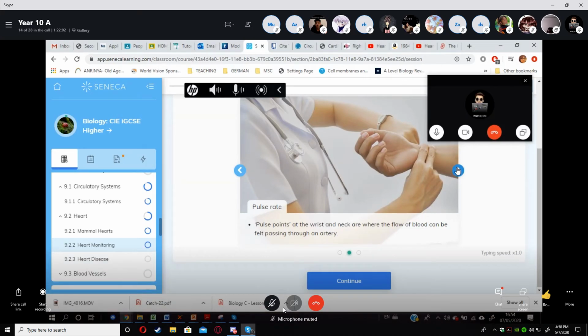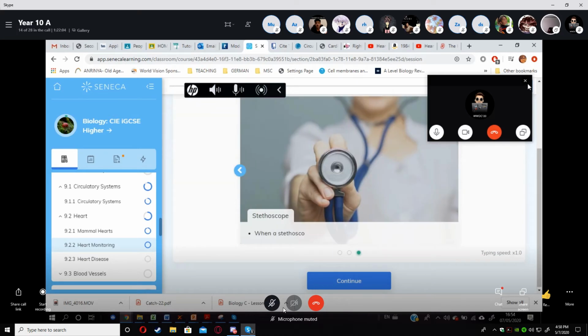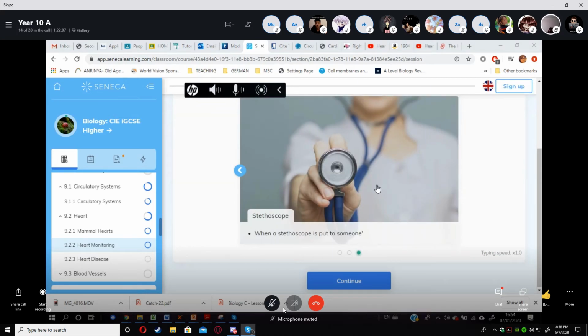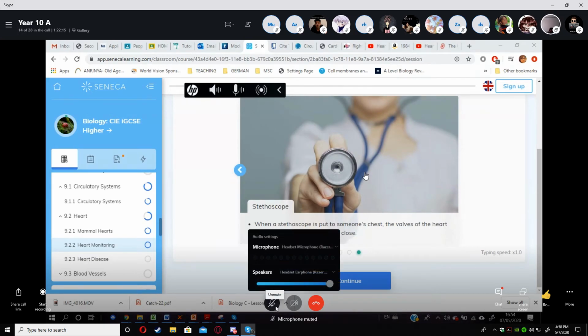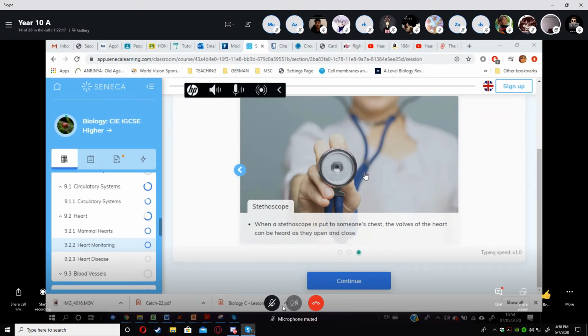And what is another way? Stethoscope. Have you heard of this name? You must have seen it on all doctors. They put the stethoscope on the patient's chest, and the walls of the heart can be heard as they open and close, so they hear the sound lub dub lub dub.